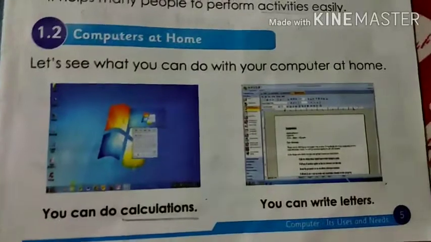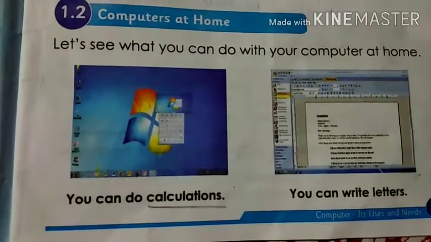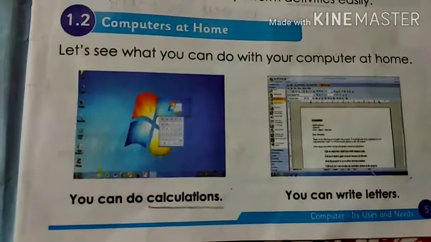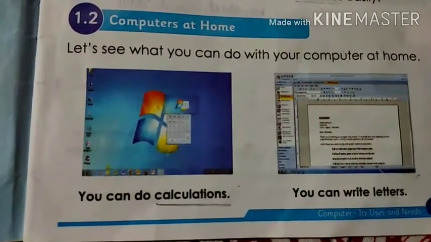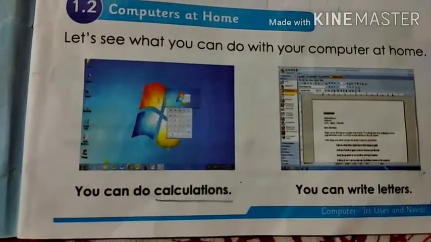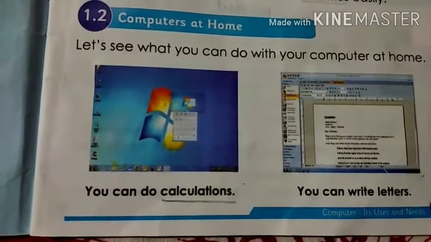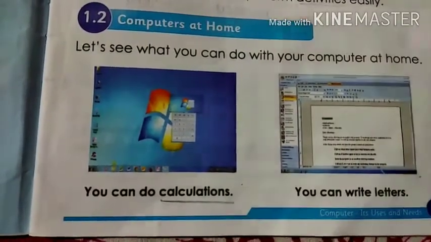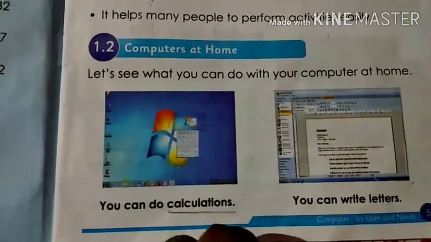Just like in olden days, and even now, we send letters, in the same form we type the email, which is also called a letter. Your address is compulsory, and in olden days when we sent letters by post, an address was also compulsory. So these are the two uses of computers at home: first is calculation and another is writing letters.